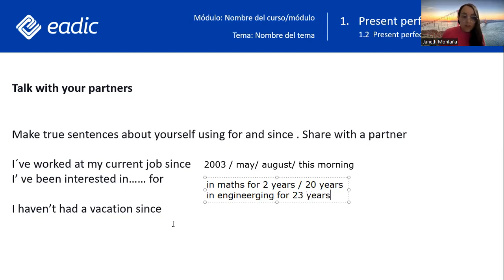Another example with since: I haven't had a vacation since 2004, something more specific. The idea is to tell the other partners different sentences using for and since. Normally I give around 3 to 5 minutes to my students so they can create some sentences using for and since.